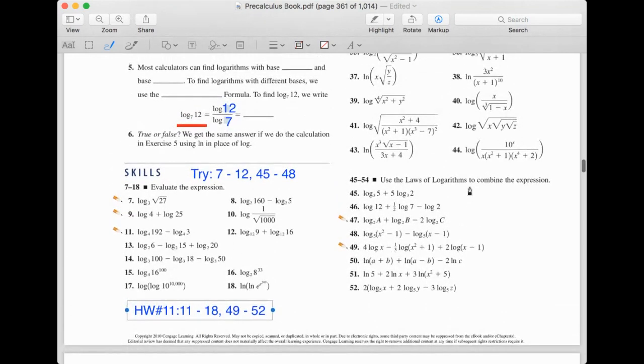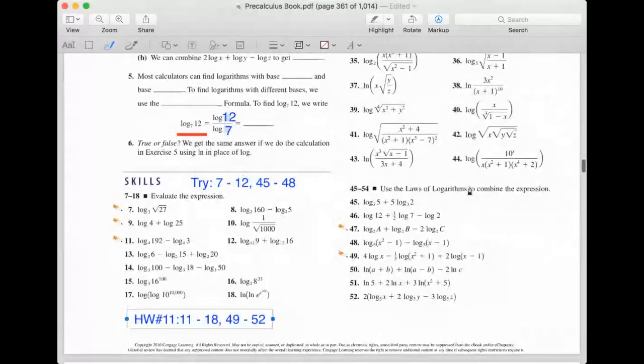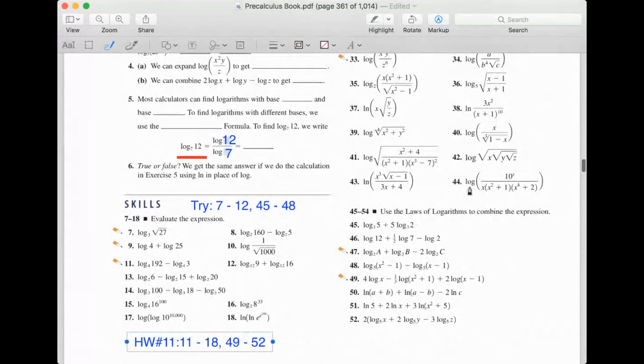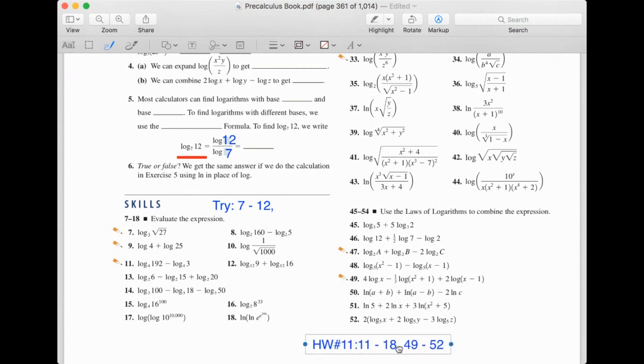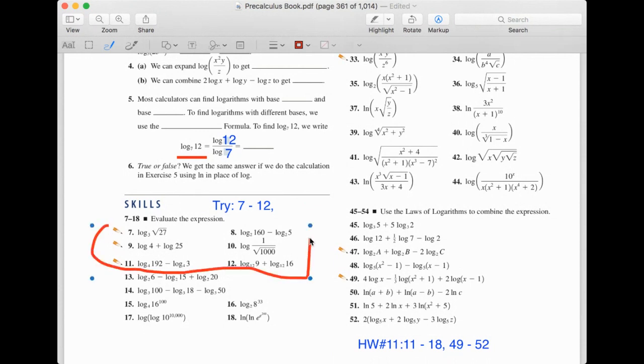Oh, those ones are good too. Okay, let's just try. Let me not put too many. Okay, let's just try 7 to 12 first.